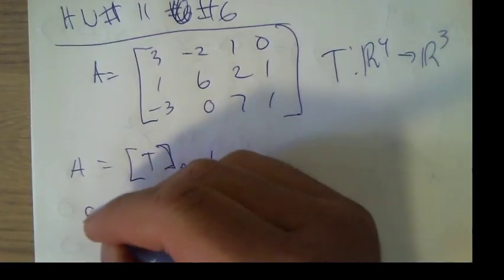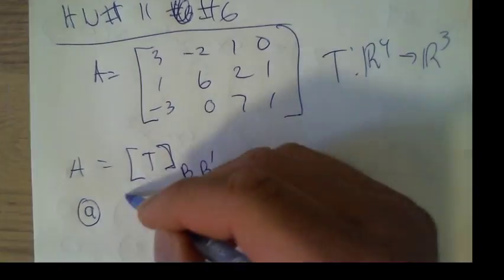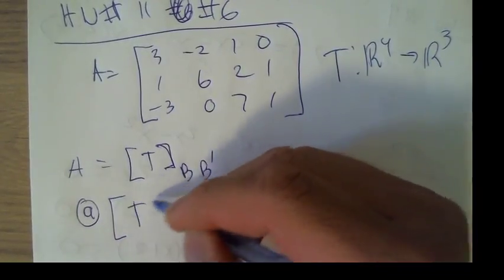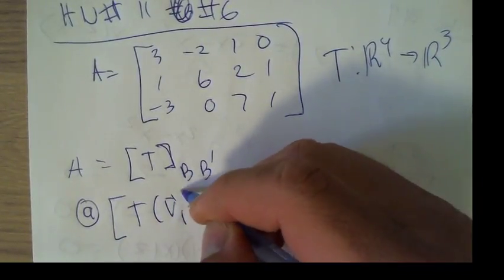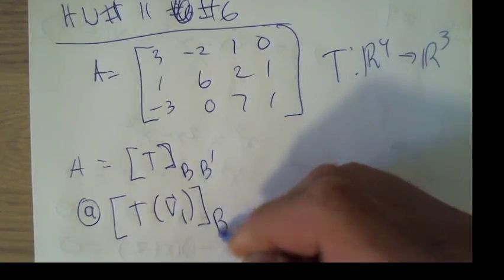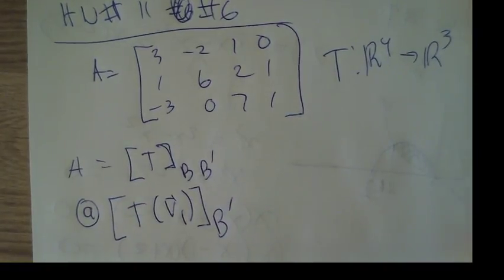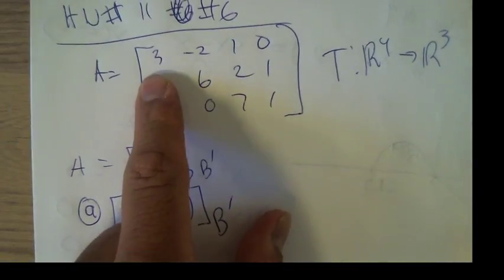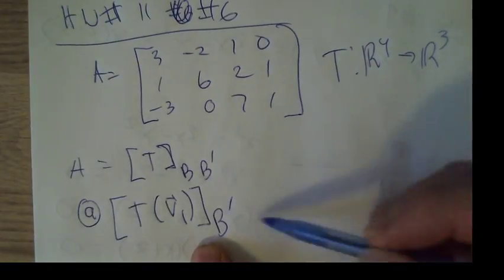So what does that mean for part A, when it asks me to find T of v1 relative to basis B prime? We already know it; it's already here in the matrix. There's actually no work involved.